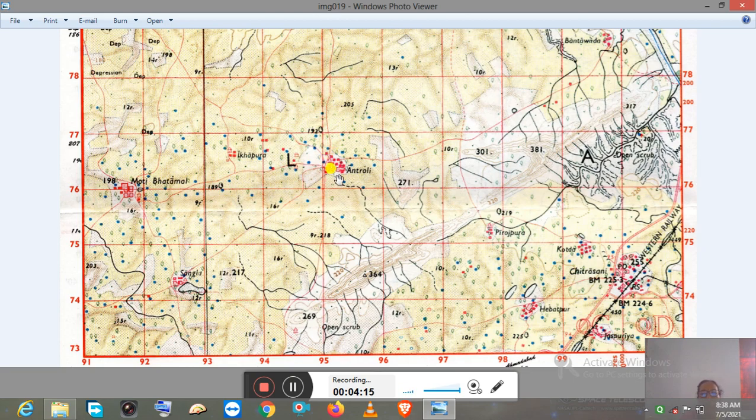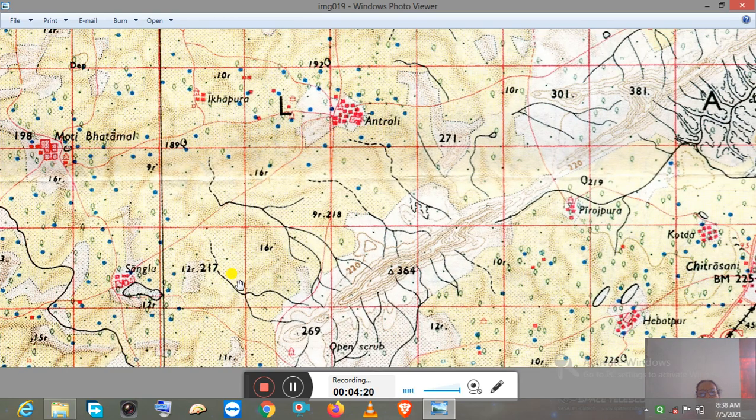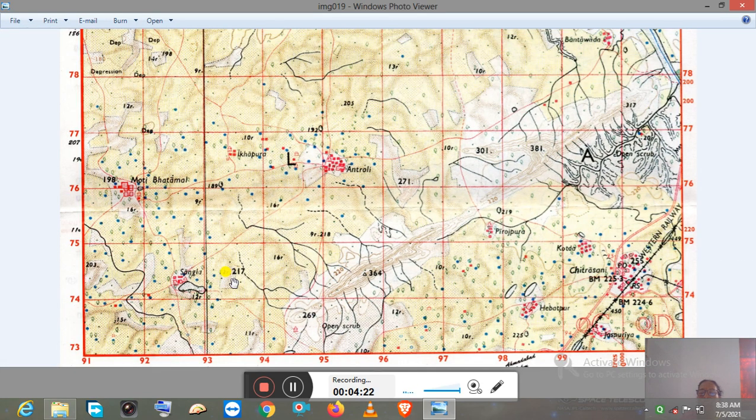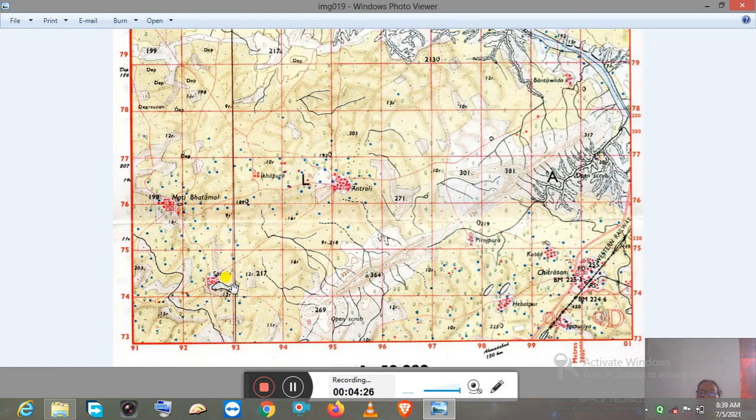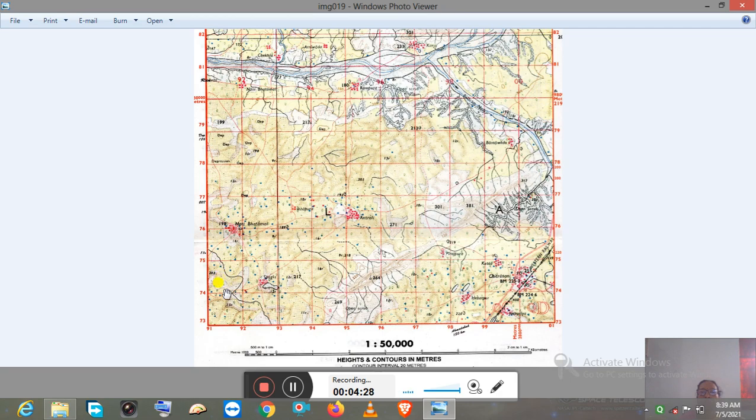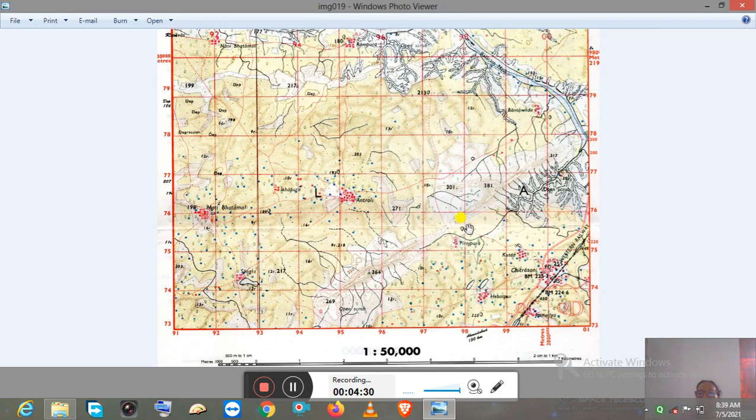So remember. The next topic you have learned is about the different types of drainage pattern. Here in this map you can see many branches of this stream, the main river. These streams are joining, so they are forming the drainage pattern that is dendritic.